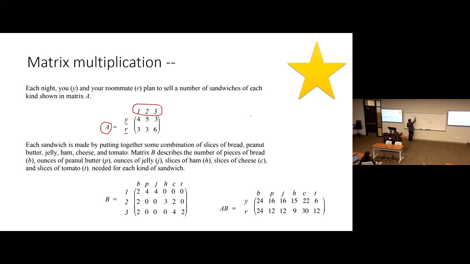When you want to make a 4, you need 8 here. When you for the 5, you need 10 here, 10 bread. You need 6 here. So sum up, you have to go out to buy 24 bread.